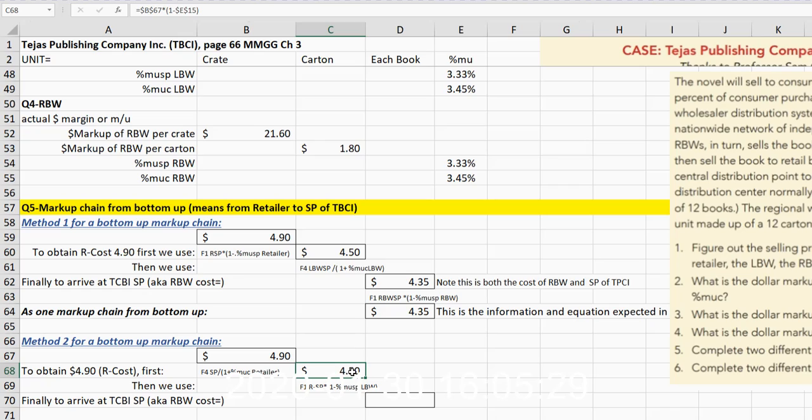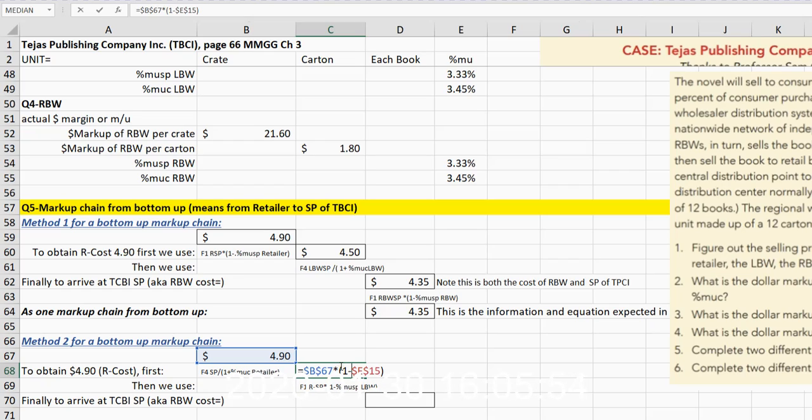Okay, let's take a look at this equation. I took the outcome here, and now I've simply applied the remainder of F1, which is multiplying the selling price of the local wholesaler times 1 minus its percent markup on sales price.